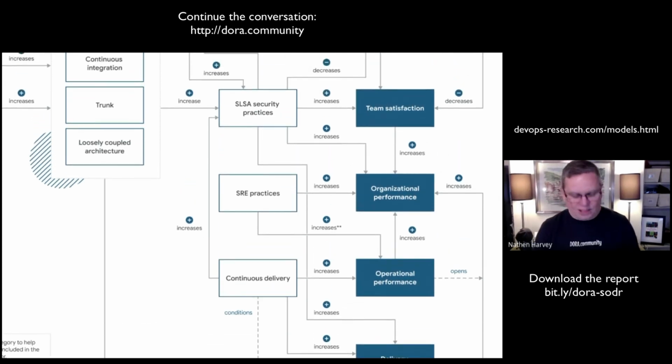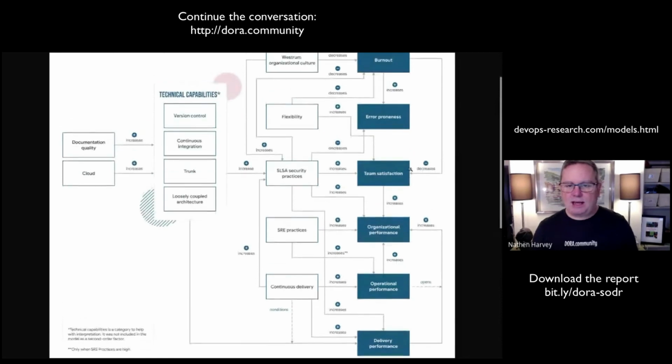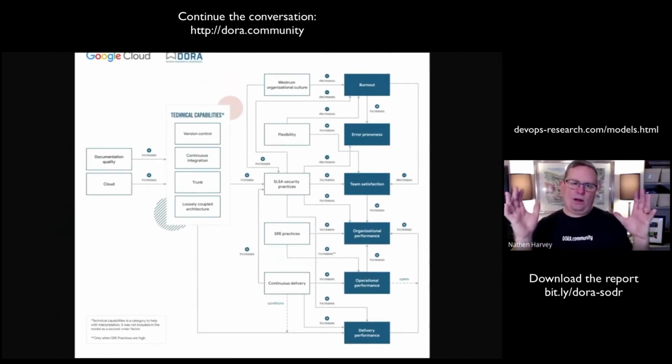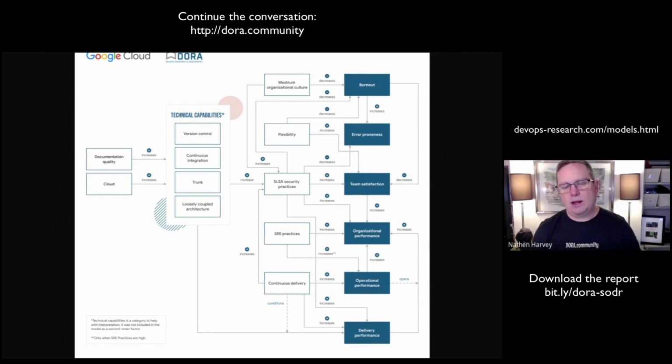So what I like to do with teams is take a step back, look at the structural equation model, and have a sort of dispassionate review of how our team is doing with each one of these capabilities. By understanding that, we can start to find the constraint. Which capability is holding us back? Which capability do we have the opportunity to improve the most?